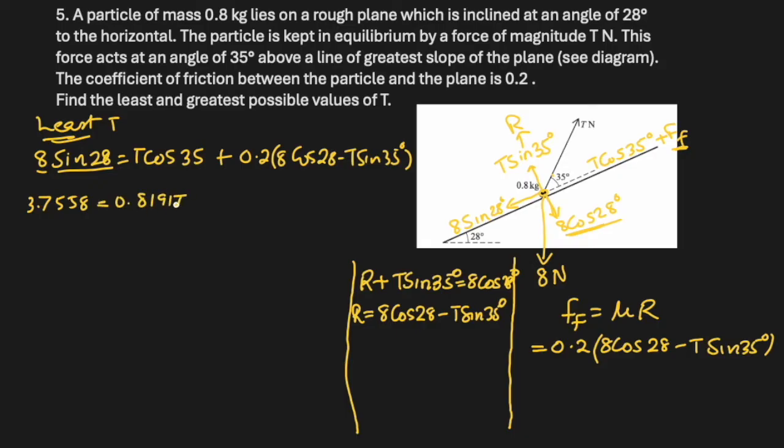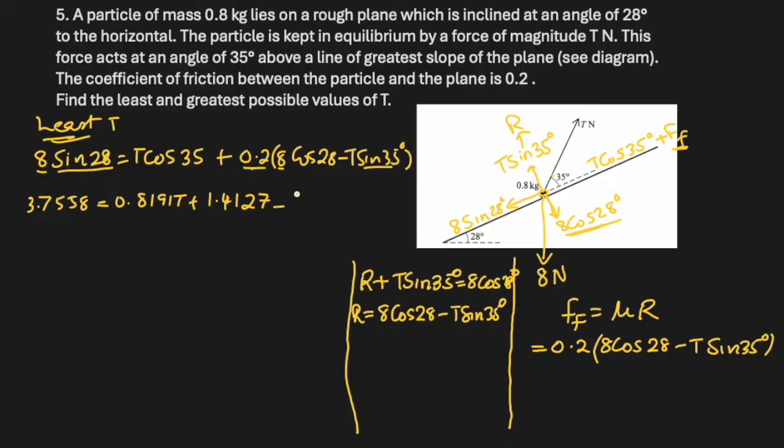0.8191 T plus 0.2 times 8 will be 1.6 cos 28, right? 1.6 cos 28 will be 1.4127, and then we have minus 0.2 times T times sin 35.